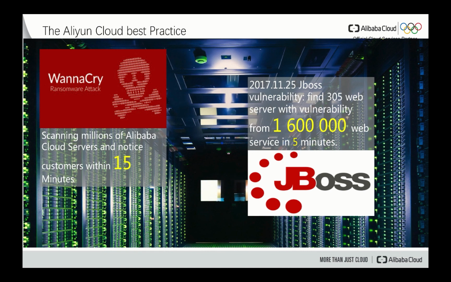And again, for the JBoss vulnerability that happened in November 2017, we used this APTs service to find more than 300 web servers affected by this vulnerability, and we could notify them. You can see that a huge number of web services were affected by this vulnerability, but we scanned all of them out in just 5 minutes. It's really a significant, very fast speed.